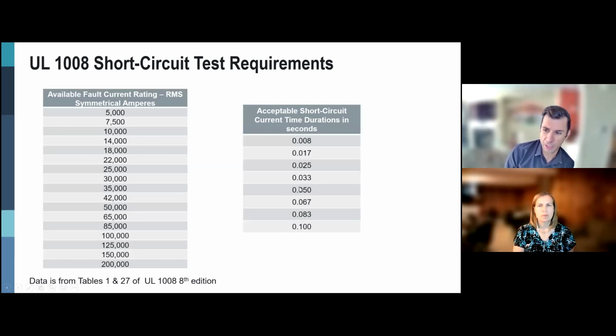The most common duration you're familiar with is 0.05 seconds, which at 60 hertz is 3 cycles. And then they list available fault current. If we list a number that is not one of those numbers, it is not recognized by UL. So I can't put on a transfer switch a number like 75,000 amps or 75.23 thousand amps, right? It has to be one of those values.